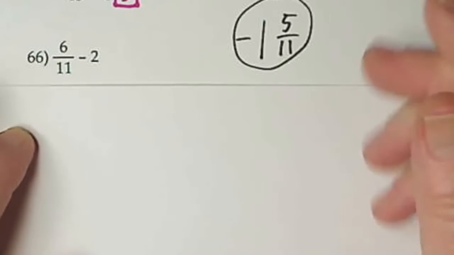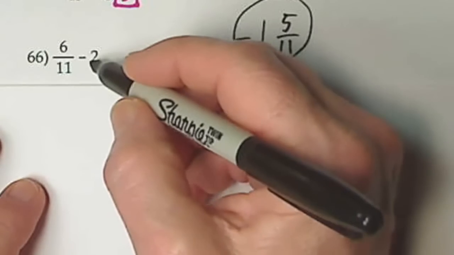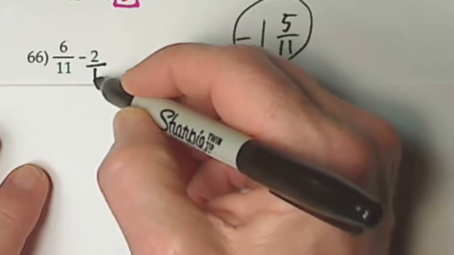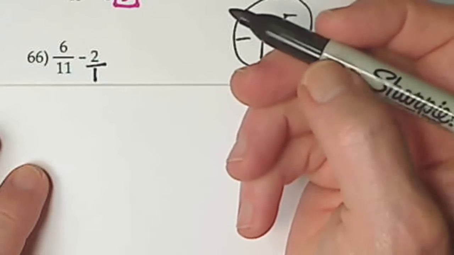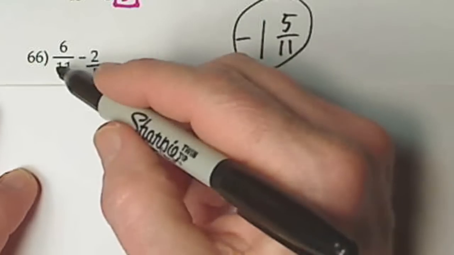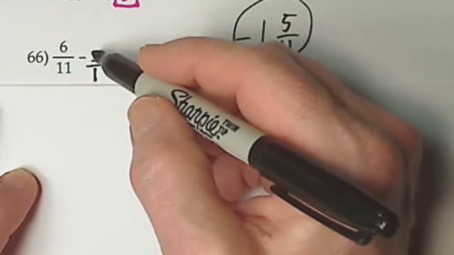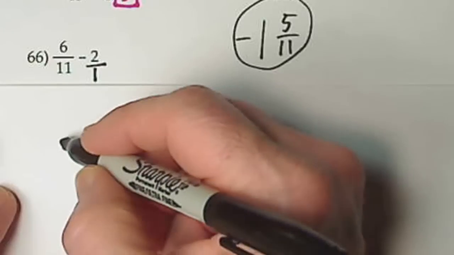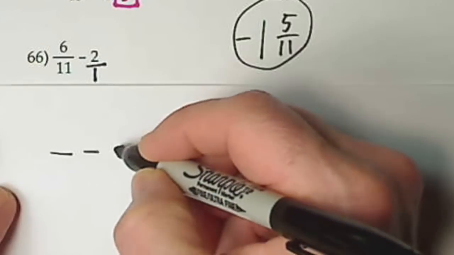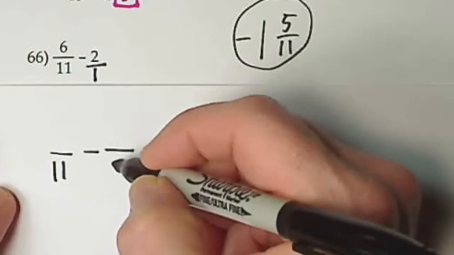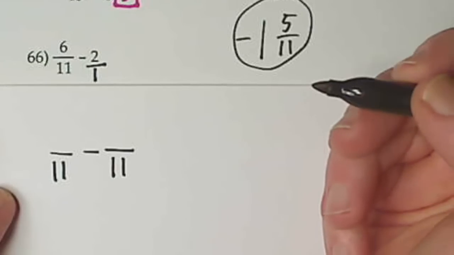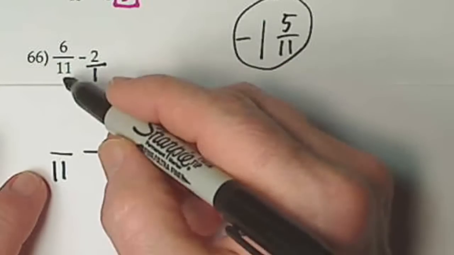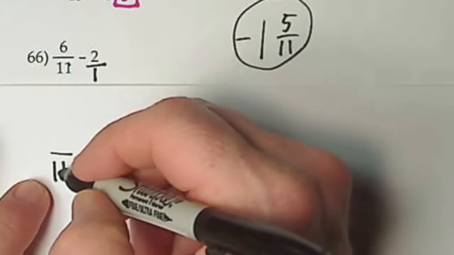All right. But if you can't crank that out in your head, just turn this 2 into a fraction. All right, now it's a fraction. I just put it over a 1. All right, so I have 6/11ths and negative 2 over 1. I need common denominator. And I suspect 11 is going to be our common denominator. All right, this is already an 11, so I don't have to do anything to change it.